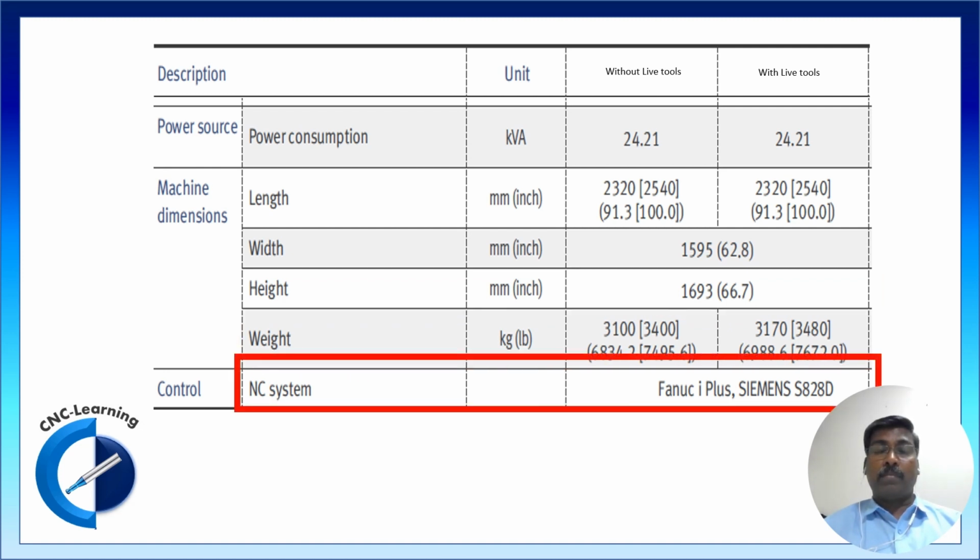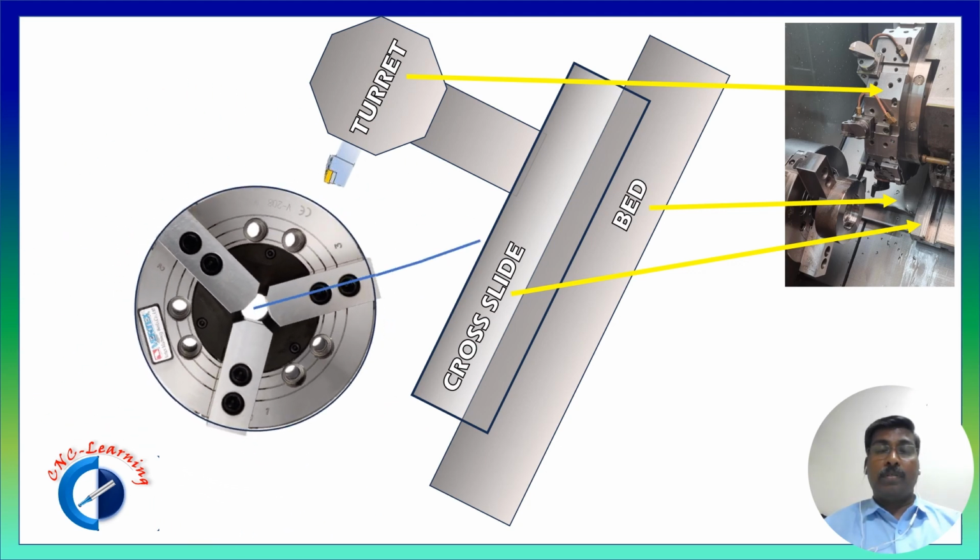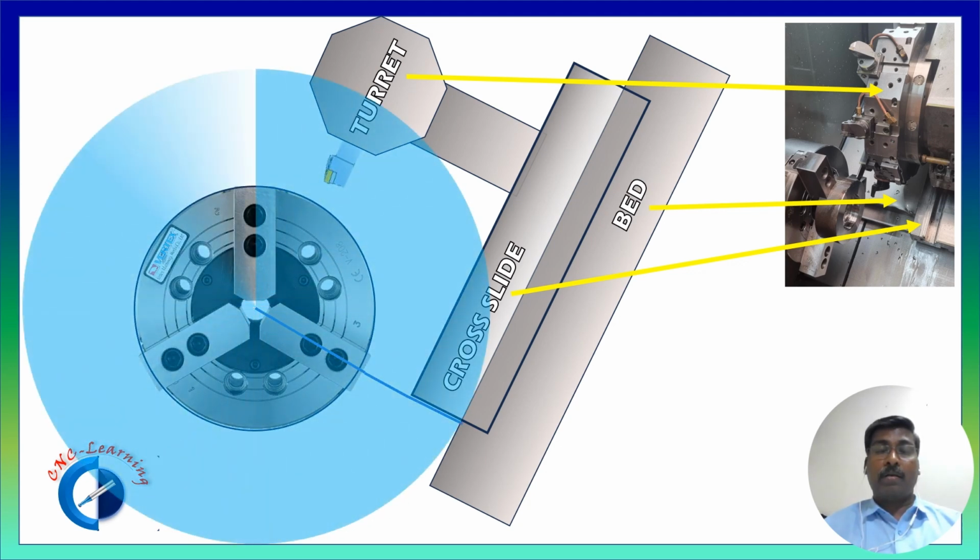An NC system, CNC controller, there are two options here also. It is Fanuc I Plus and Siemens A28T. Now let us see those things in detail. You can see the chuck is rotating, and the diameter made by this rotation is swing diameter over bed.